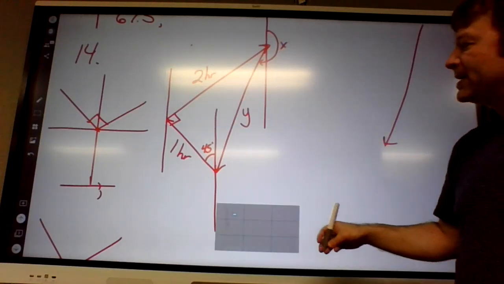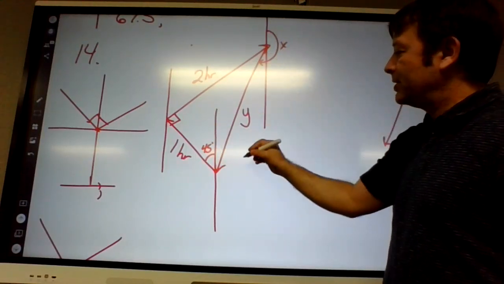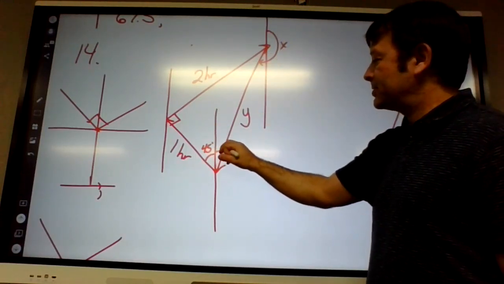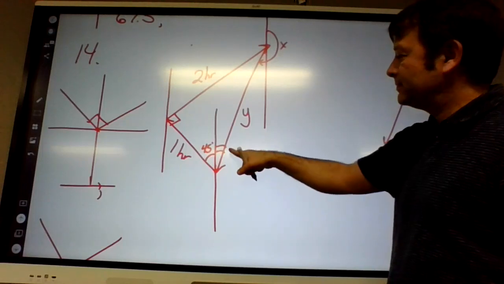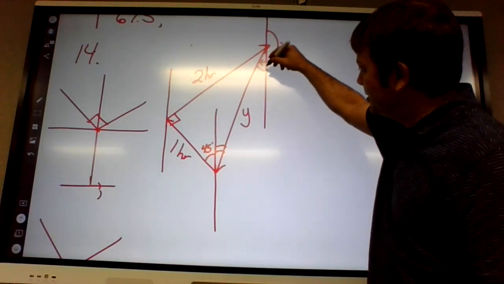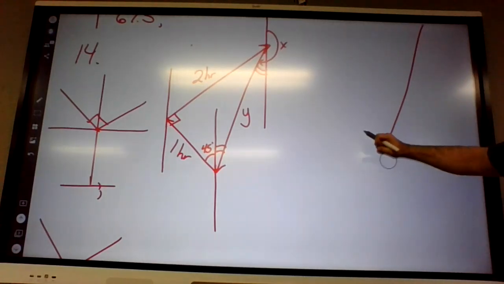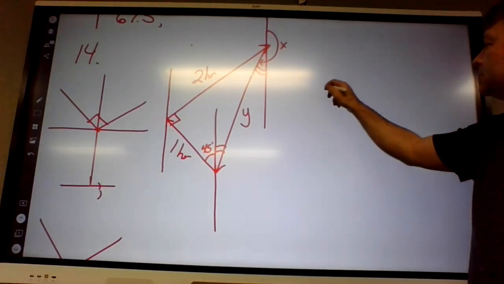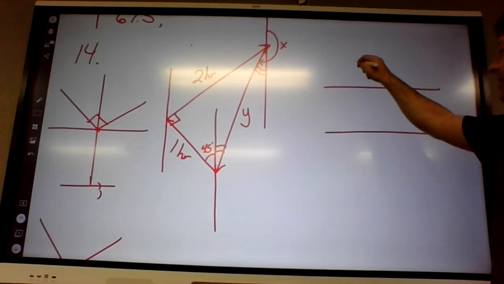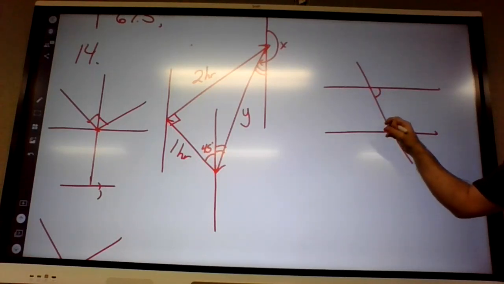Okay, here's my plan. So I drew 2 north-south lines right here. What do I know about this little angle right here? It is going to be identical to this angle right here. How did I know that? Because of geometry. These are called alternate interior angles.